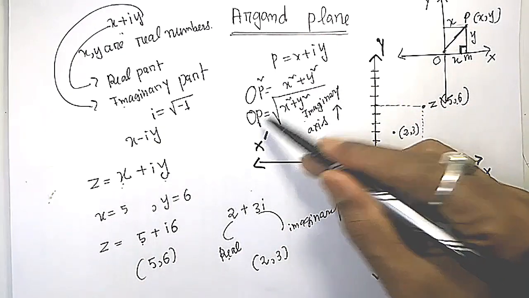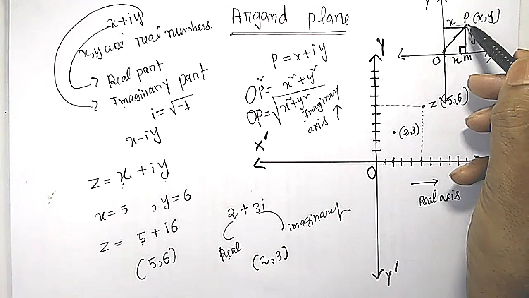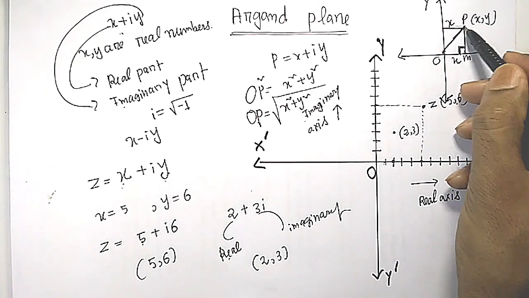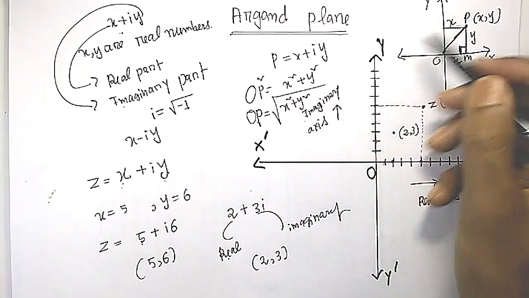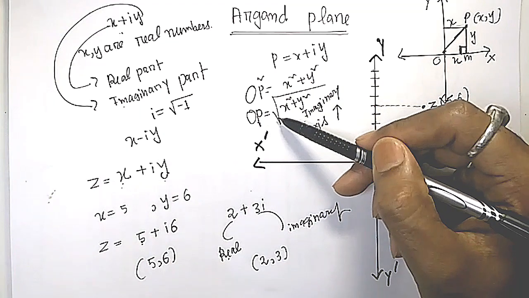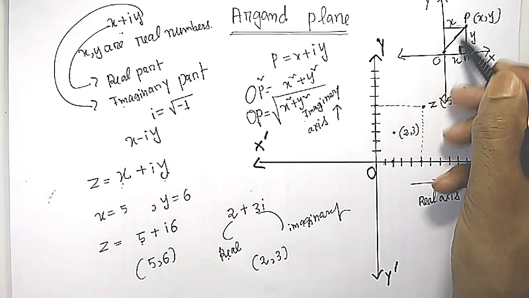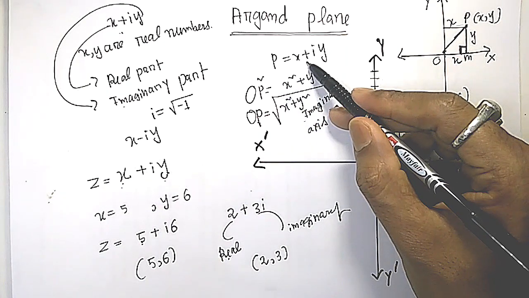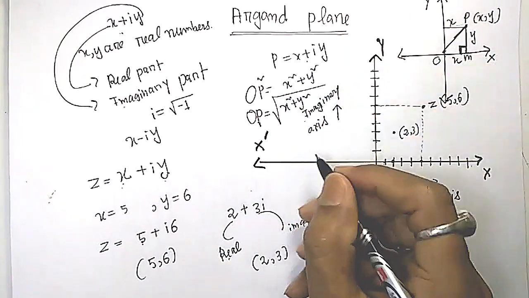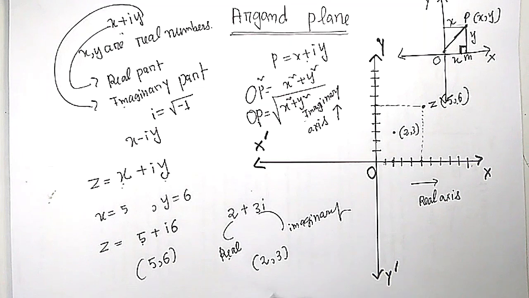That means OP is the distance of the point P from the origin O, and this distance is known as the modulus of the complex number. So OP is the modulus of the complex number P. Modulus can be represented by this symbol.